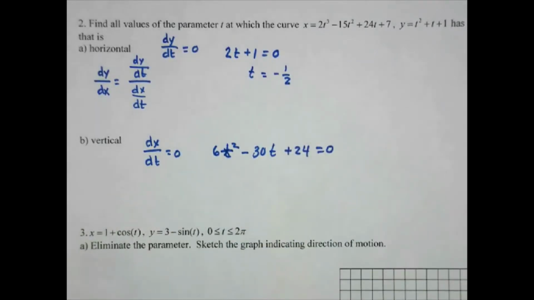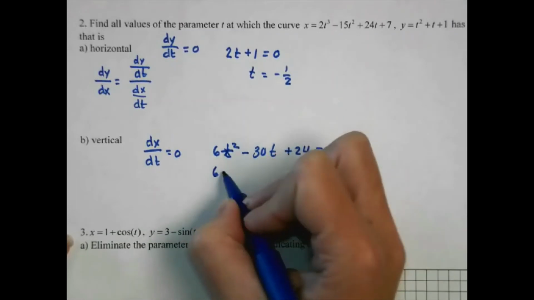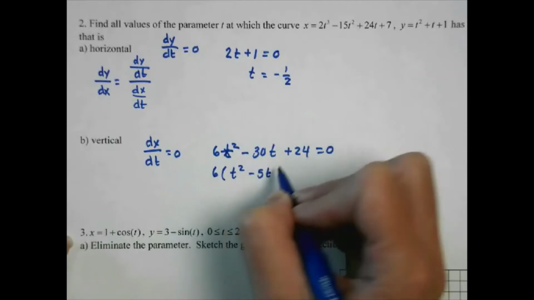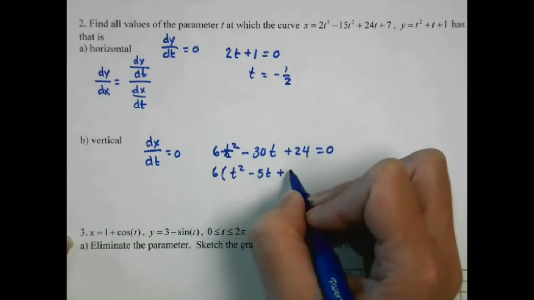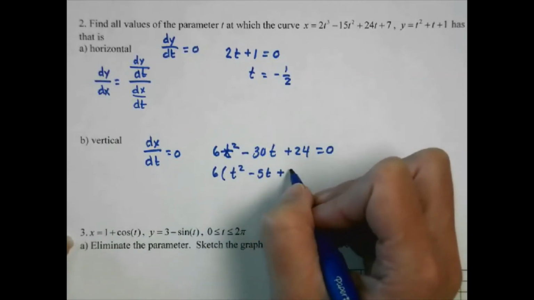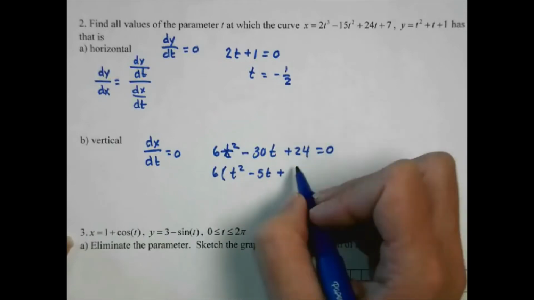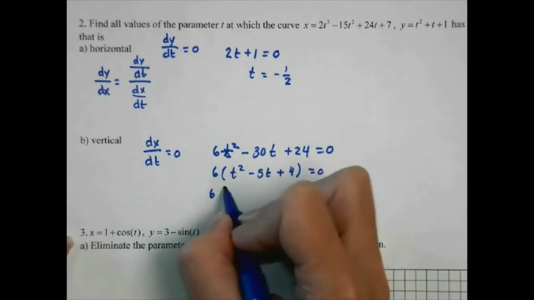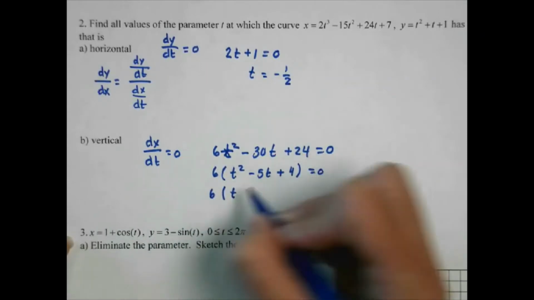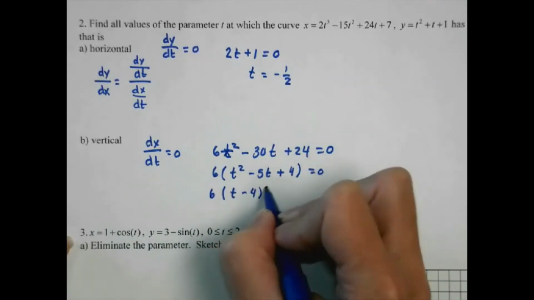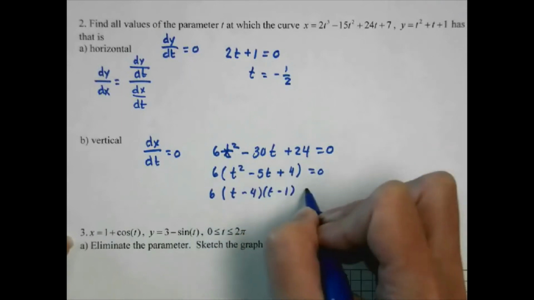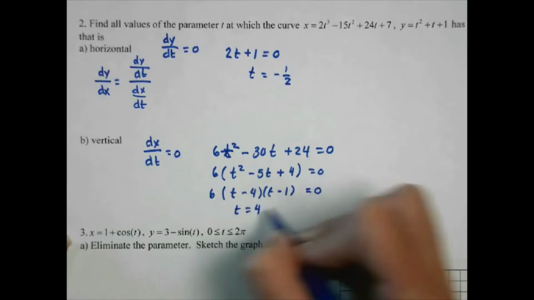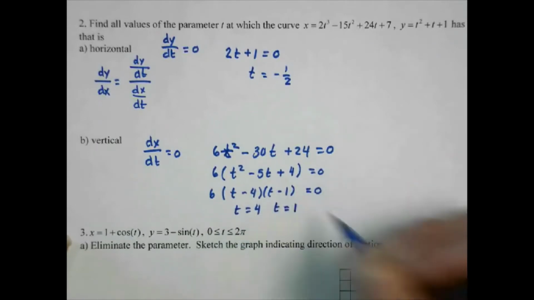Well, here we're going to have to factor. I'm going to first pull out a 6, which is going to leave me with t squared minus 5t plus 4 equals 0. So 6 times, this is going to factor to (t minus 4)(t minus 1). So this one's going to be 0 when t is 4 and when t is equal to 1.